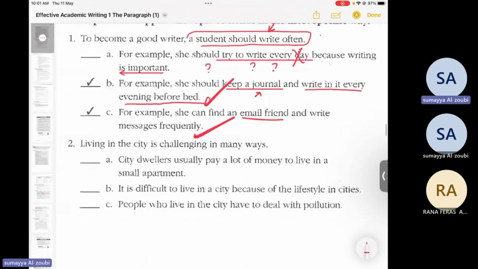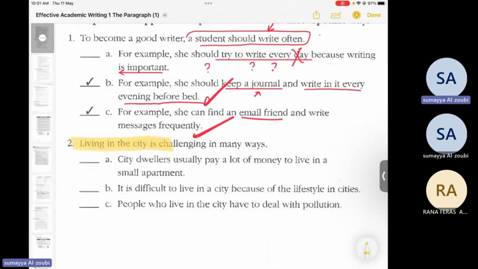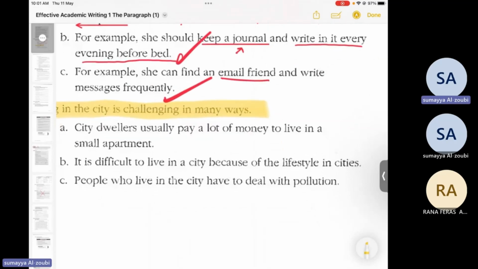Now it's your turn. I want you to have a look at this topic sentence. What is the topic sentence? The topic sentence says living in the city is challenging in many ways. They want you to have a look at these provided examples and to decide which one of them is good and which is not acceptable.